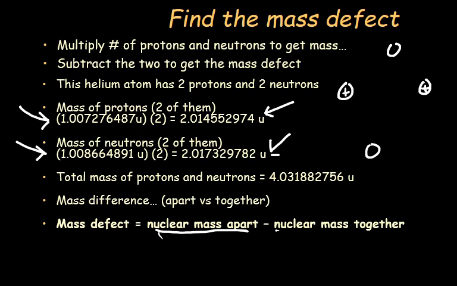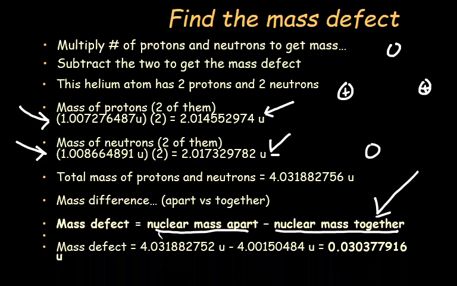Now, what's crazy is if we take the nuclear mass apart, which we just got here, with 2 protons and 2 neutrons, and we subtract the nuclear mass together, we get a mass difference. The nuclear mass apart is this much. The nuclear mass together is this much. It's not the same amount of mass, which is crazy, right?